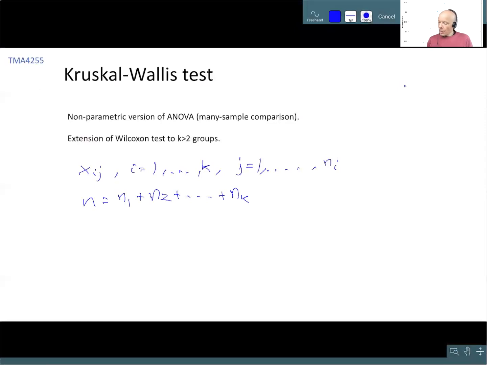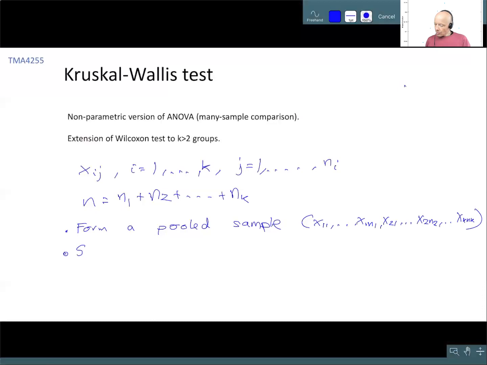The way it works is again to form a pooled sample of all the data x11 up to x1n1, x21 up to x2n2, and so on up to xknk.